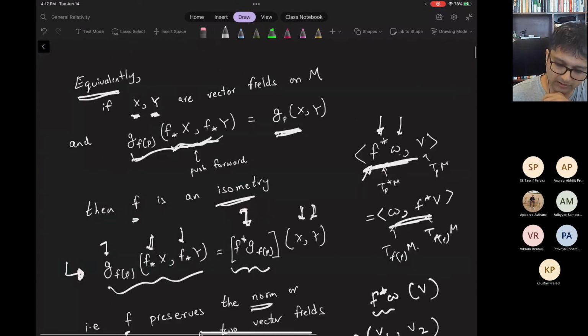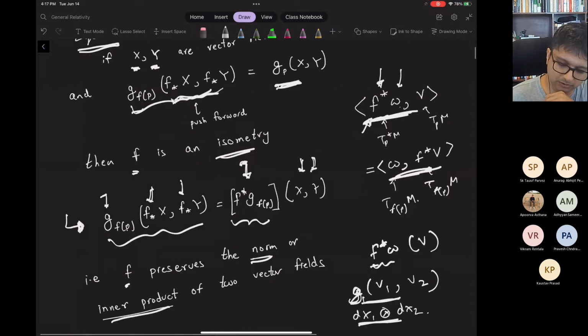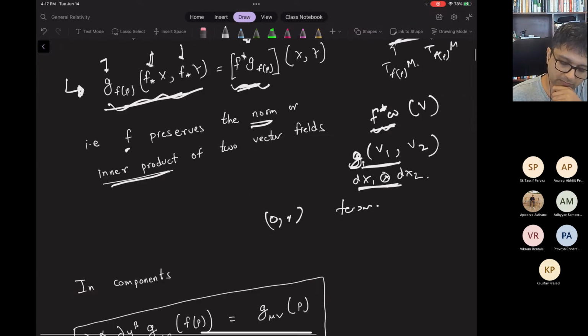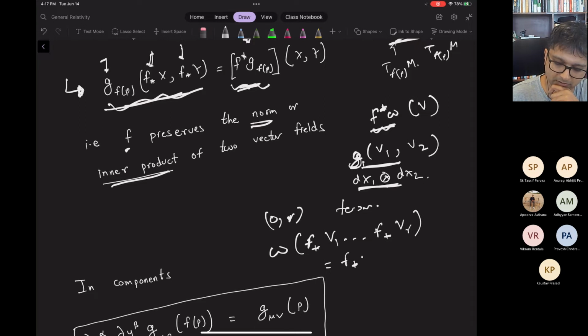We proved this, but it's just one step further to prove this more general rule for arbitrary 0-R tensors. You can basically show that if I have a 0-R tensor omega, which takes in R vectors, and if I act omega on the push forward of these R vectors, this is the same as the pullback of omega acting on the original R vectors.